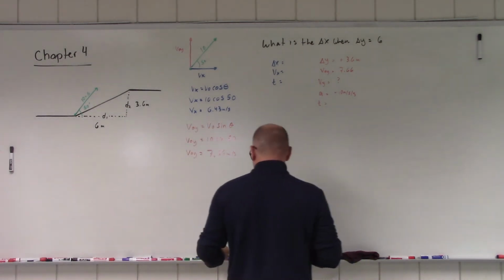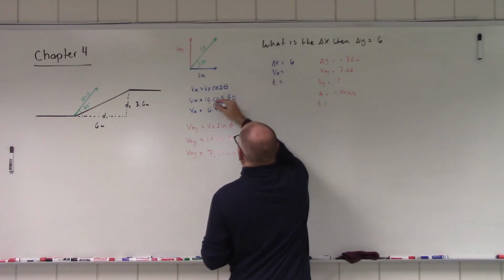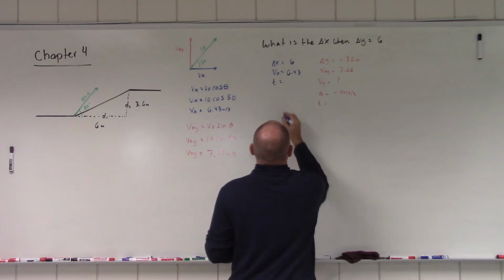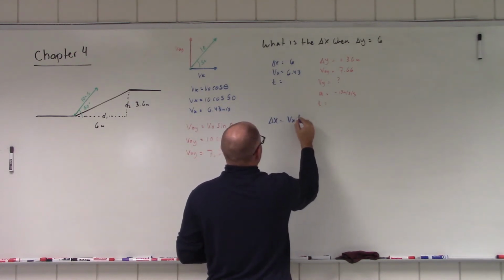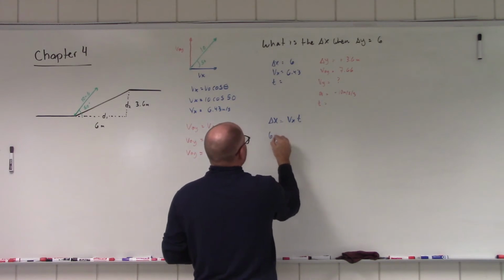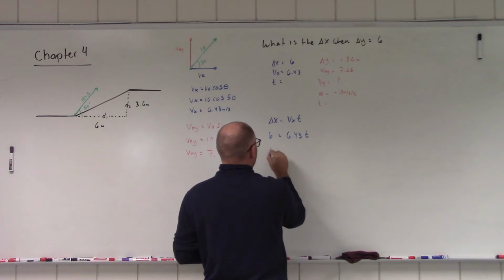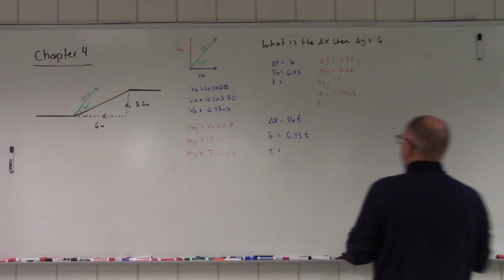So this time my delta x is equal to 6. My v in the x direction is 6.43. Delta x is equal to vxt. So 6 is equal to 6.43 times t, so that time is equal to 0.93 seconds.